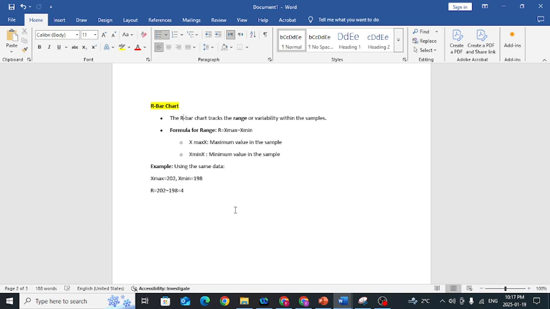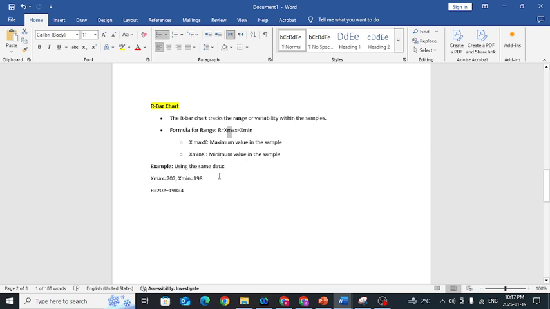The formula for the R chart is R equals X max minus X min, meaning the maximum observation of the sample minus the minimum observation of the sample. X max is the maximum value in the sample, and X min is the minimum value in the sample.